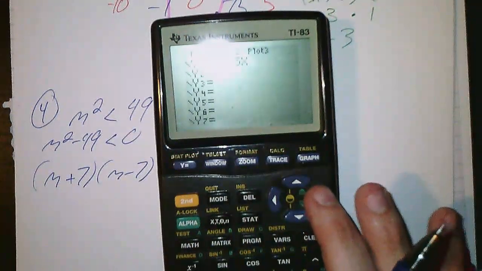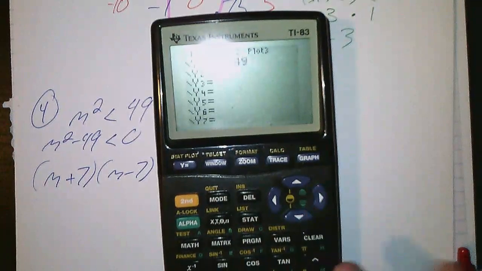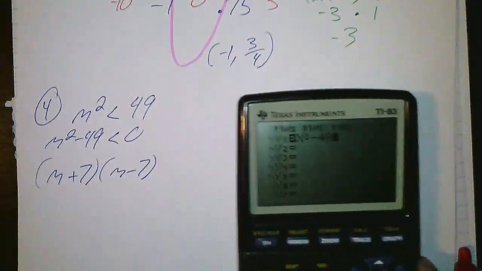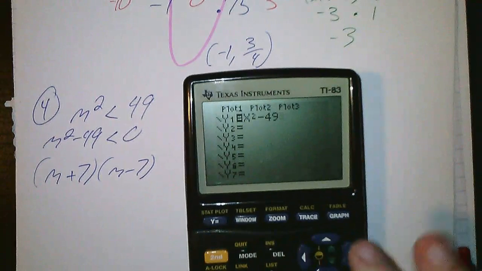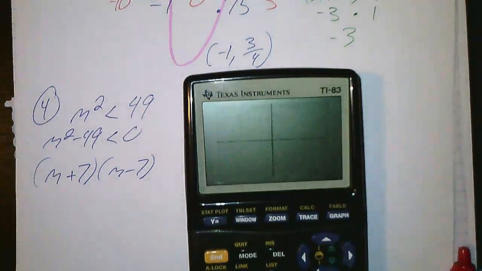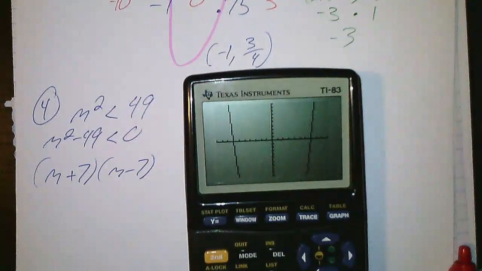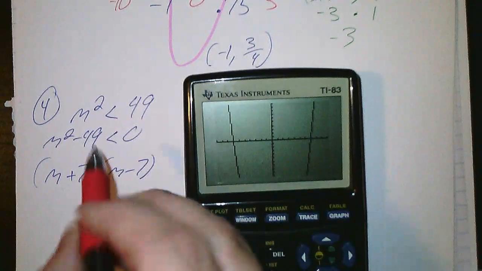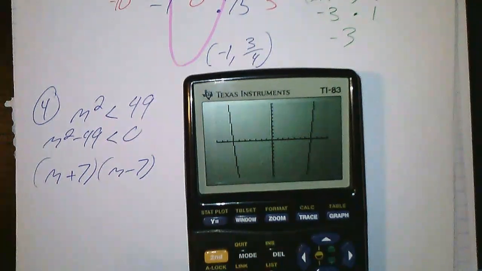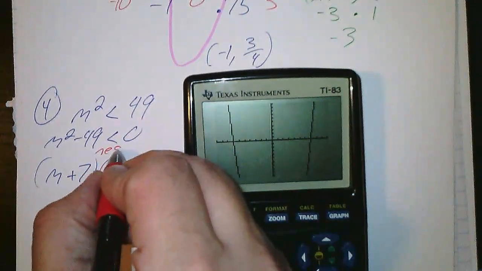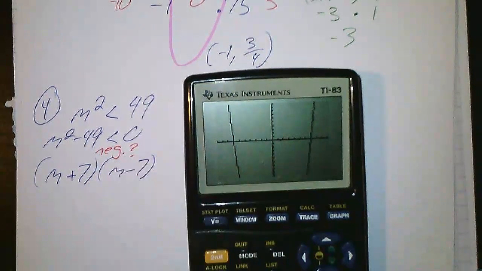So we have x squared minus 49. If I graph this, again, -7, +7. If the symbol is less than 0, it's where is the function negative.